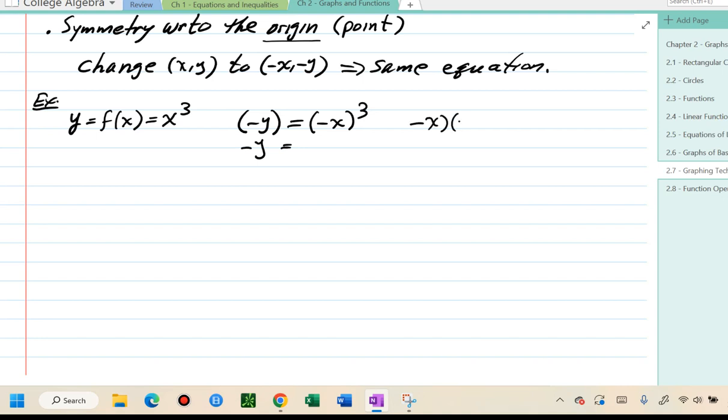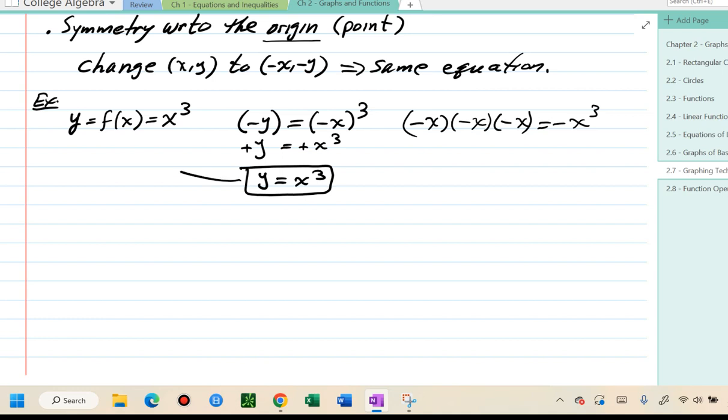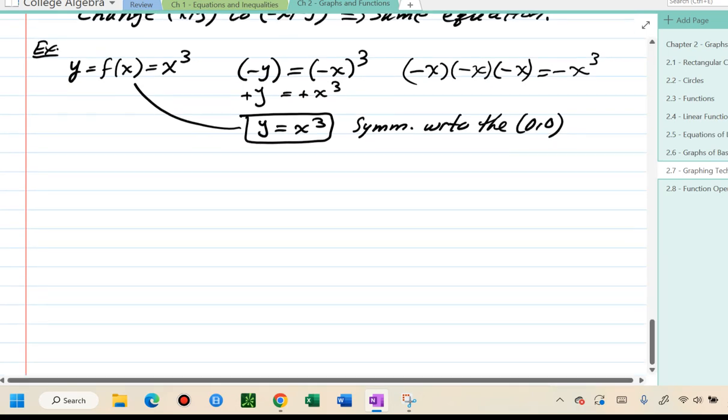Remember, that's negative x times itself three times, which makes negative x quantity cubed, so it's negative x cubed. Multiply both sides by negative 1, and you get y equals x cubed. Therefore, I got the original equation I was looking for, and the graph of this will be symmetric with respect to the origin. The origin is 0, 0 on the coordinate plane.